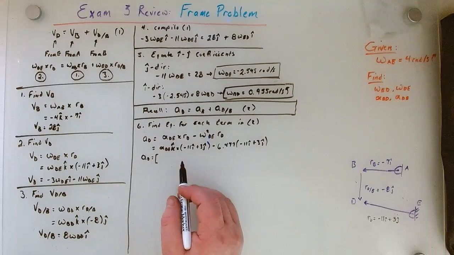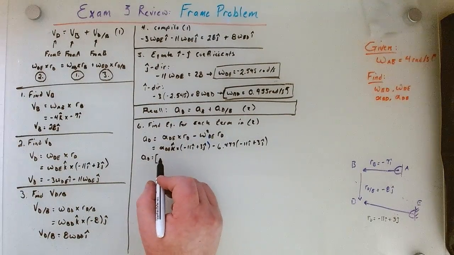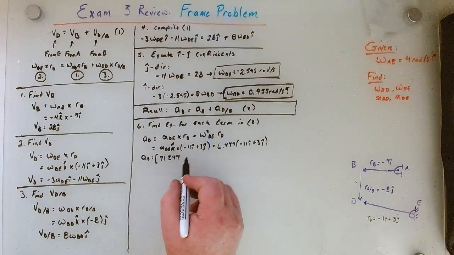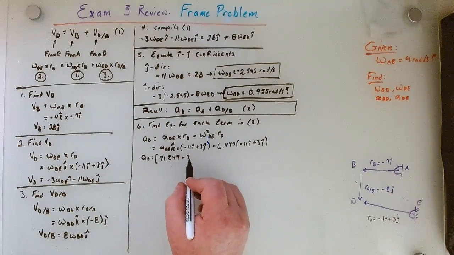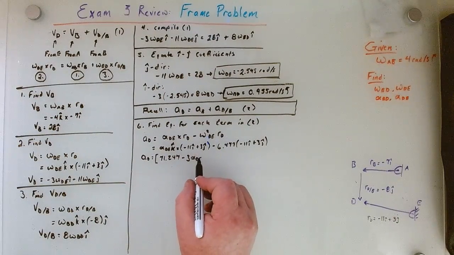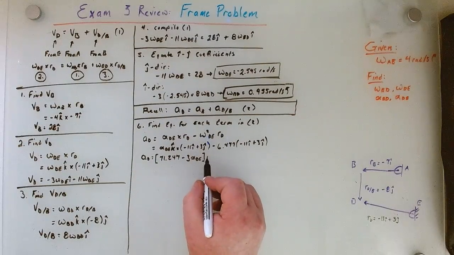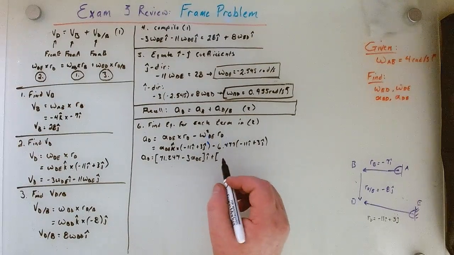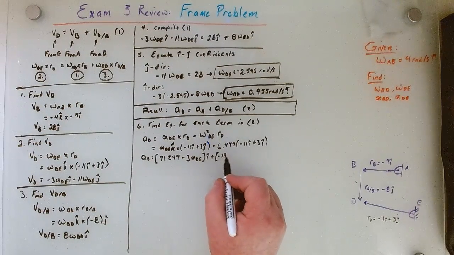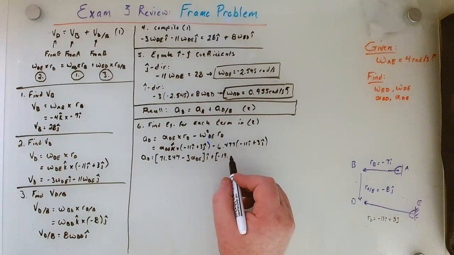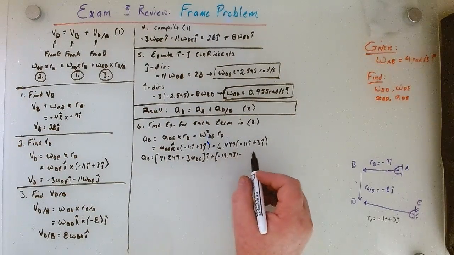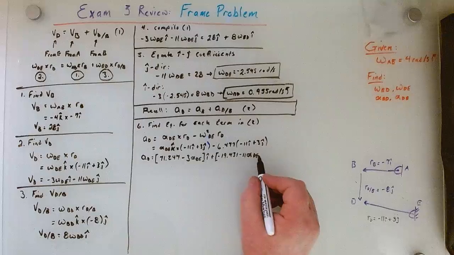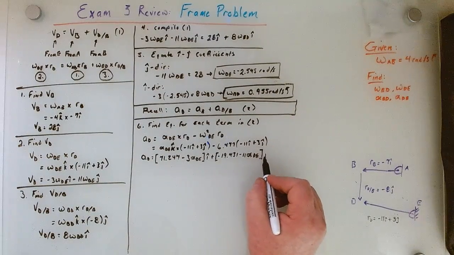So when I do that, I get 71.247 minus 3 times alpha dE in the I direction, plus, both of these are going to be negative, but I didn't want to mess with that, so minus 19.431 minus 11 alpha dE, and that's in the J direction.